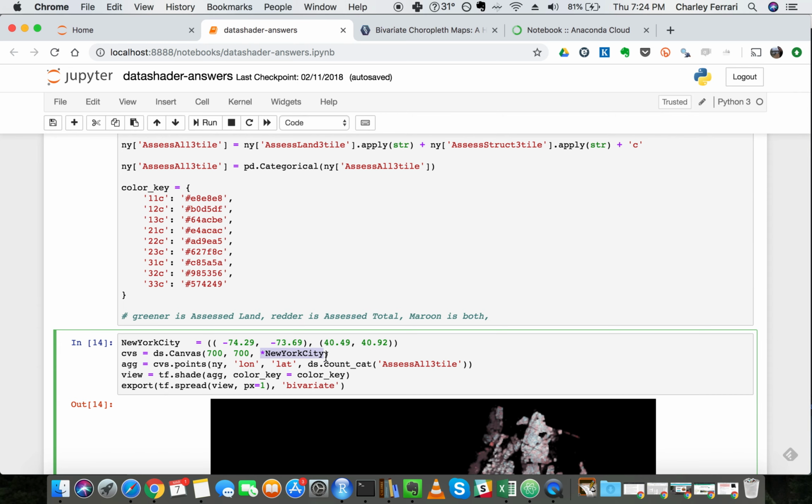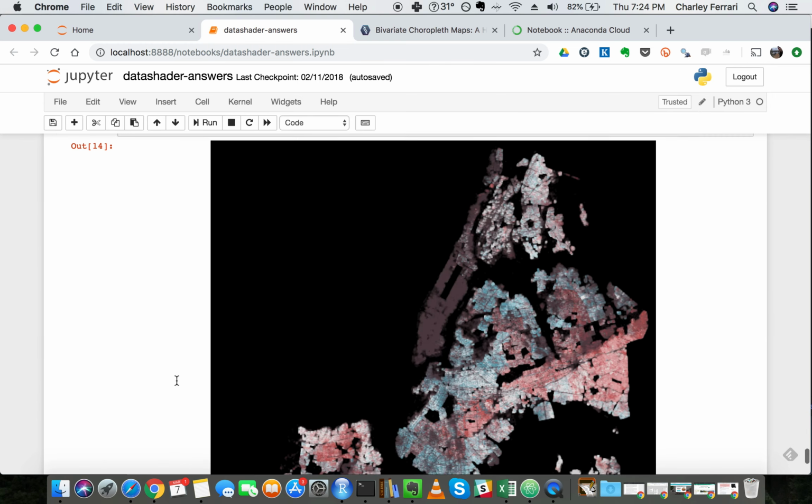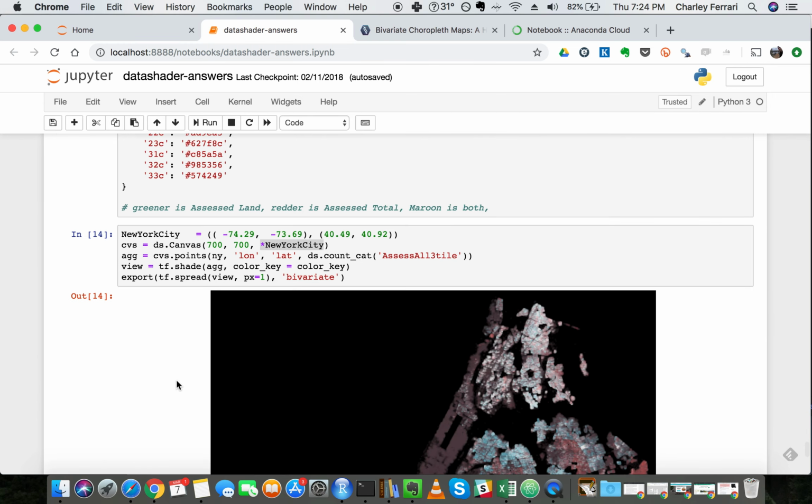Here, I'm using this New York City dictionary, which I defined up here. And this is very similar to what we were doing over here. We just define our canvas using the New York City dictionary. Using this star lets us add those elements as arguments, and then we have our points that we're adding.